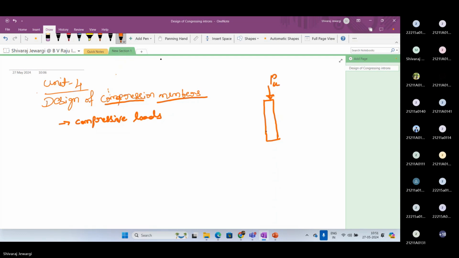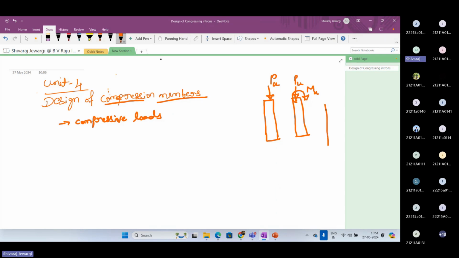Maybe the column is subjected to an axial load, or in addition to the axial load, there is a bending moment. So this is Pu, and then one moment, a uniaxial moment.